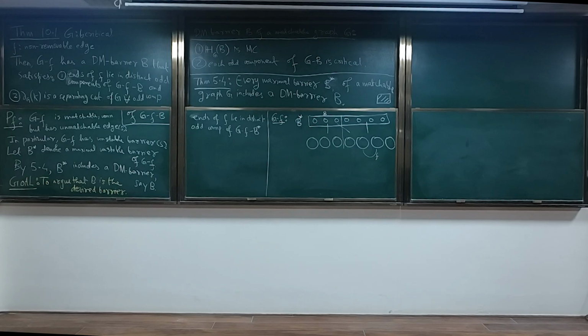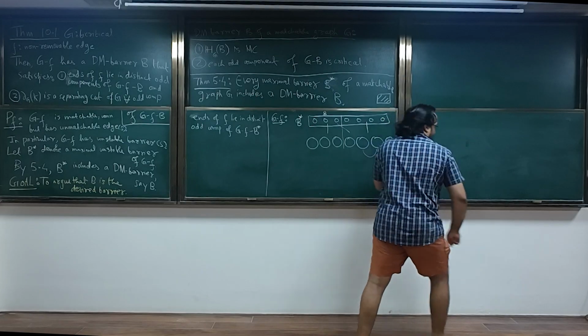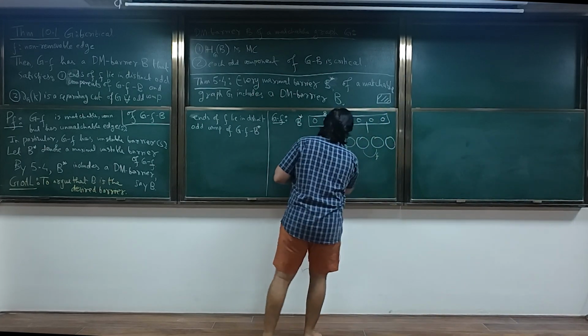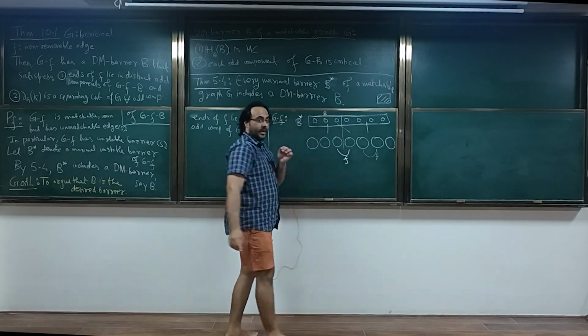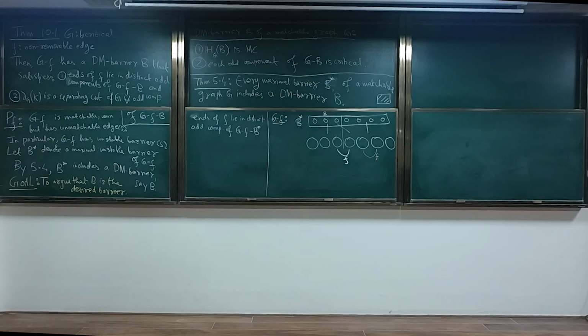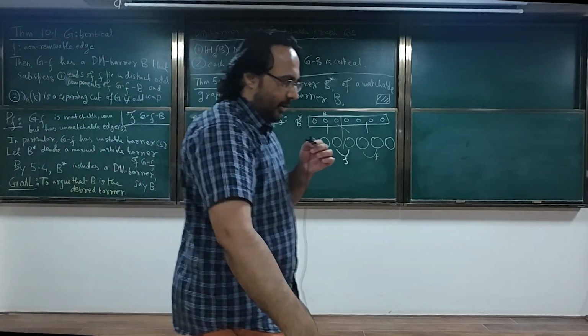There is an end of F in both those cases, this case as well as the other case, that you can include in B. Since you have included it in B, now the resulting set is non-trivial.